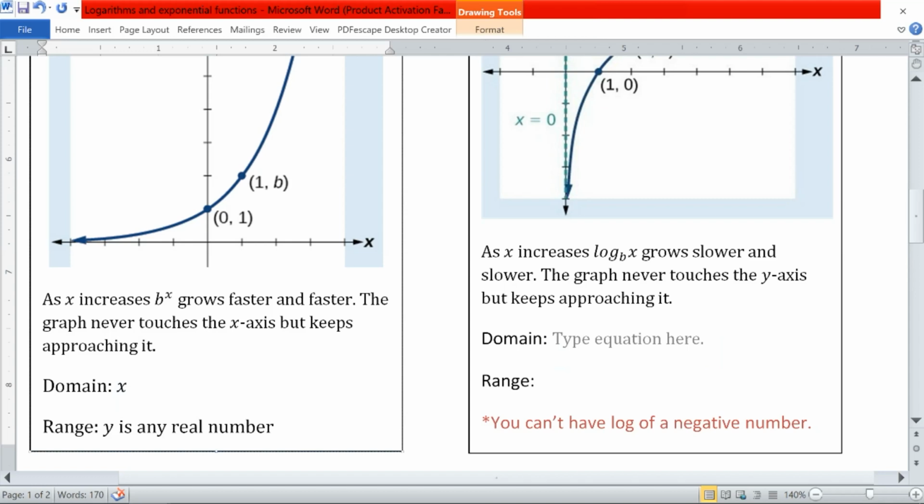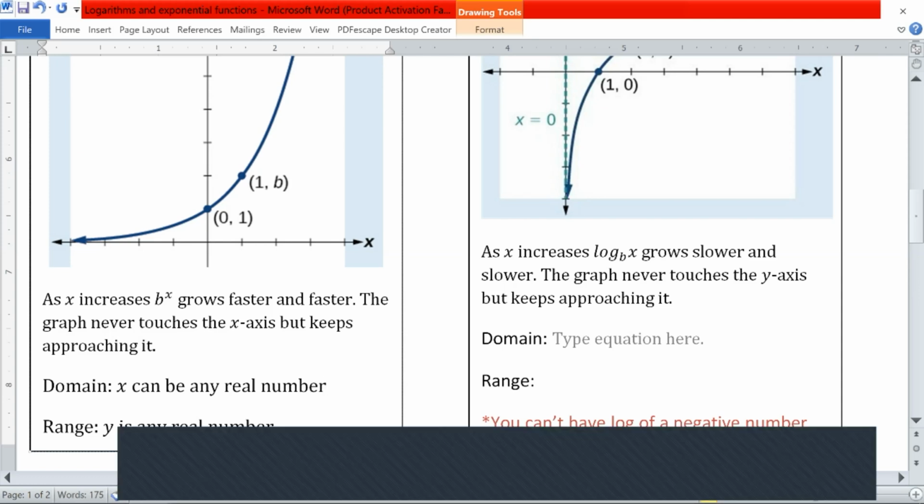X can be any real number. And range, y is greater than 0. Y is greater than 0. I mean, it's very clear in the graph, right? It's not any rocket science to figure that out.